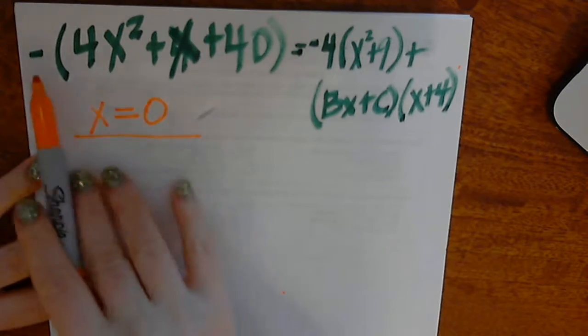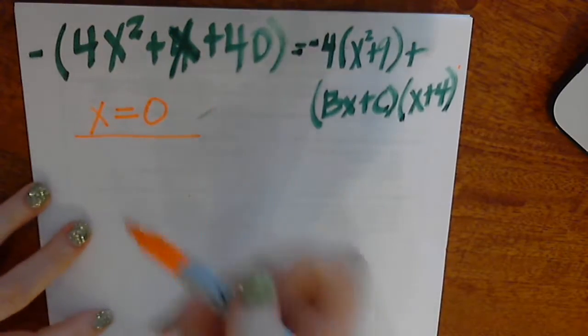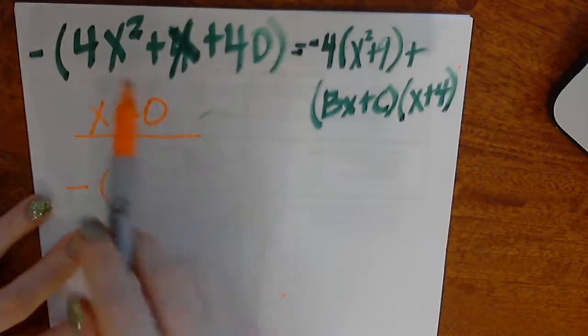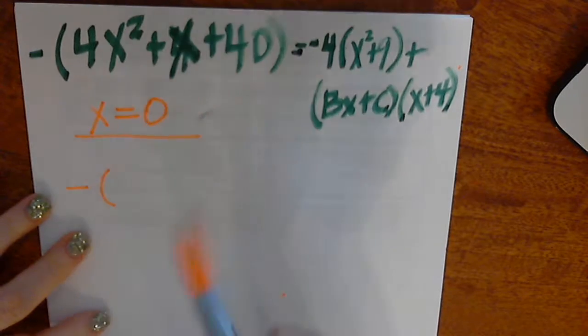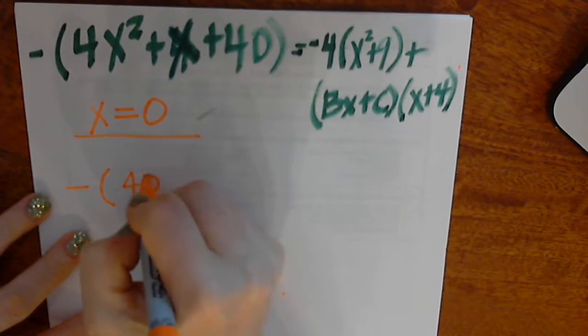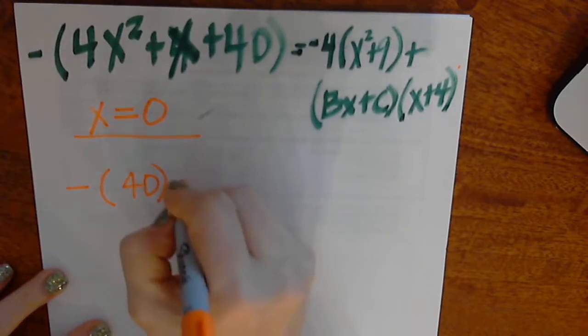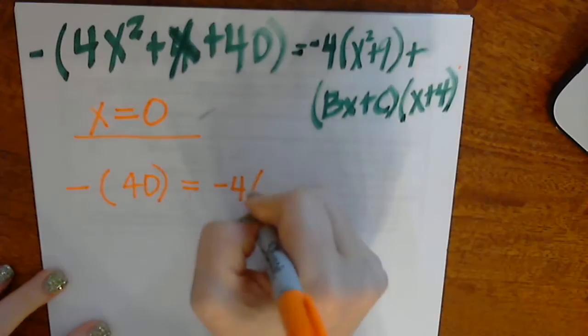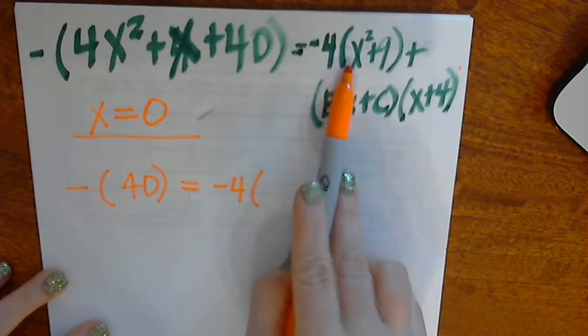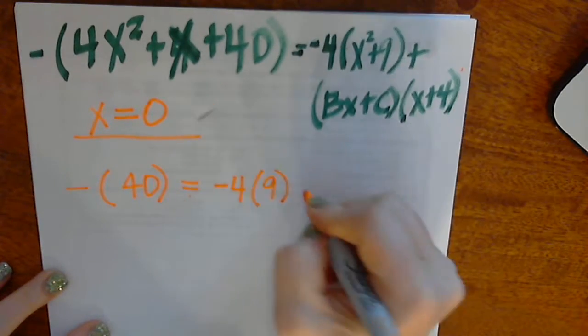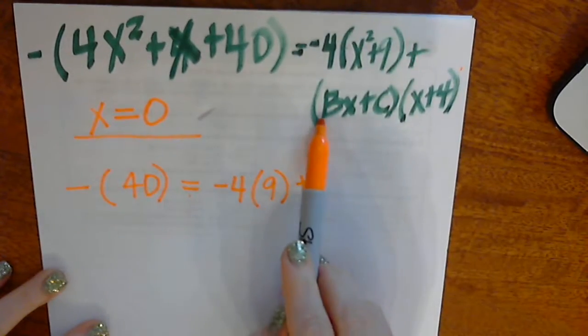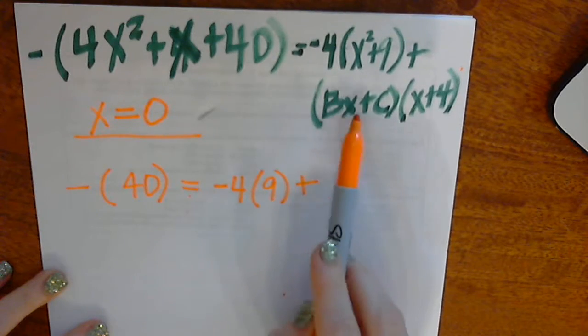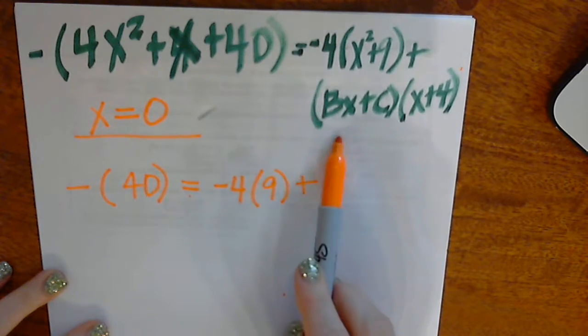So if we let x equal 0, we're going to plug this in. That's going to be a negative 0 plus 0, that's going to be 40, equals a -4 times 0 plus 9, plus, oh, this actually is going to work because this is going to be b times 0, so this is going to go to 0.